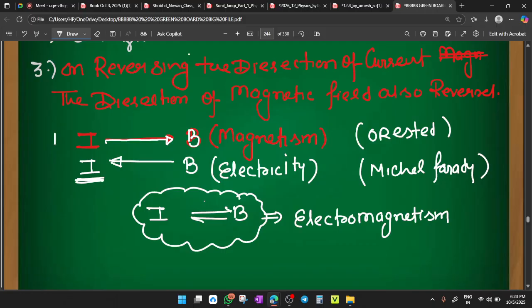So the first part of the chapter, development of a magnetic field with the help of current, comes under the chapter magnetic effect of current. So when you develop a magnetic field with the help of I, the name of this chapter becomes magnetic effect of current. Clear?